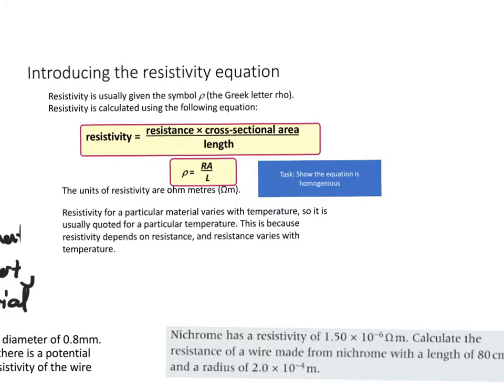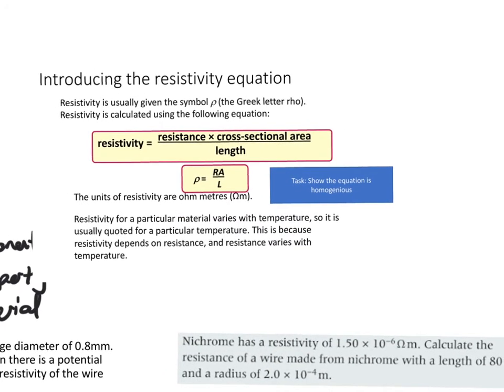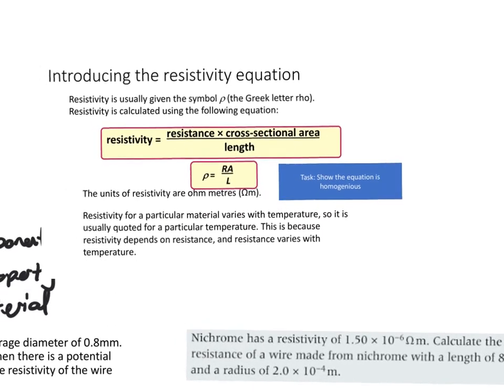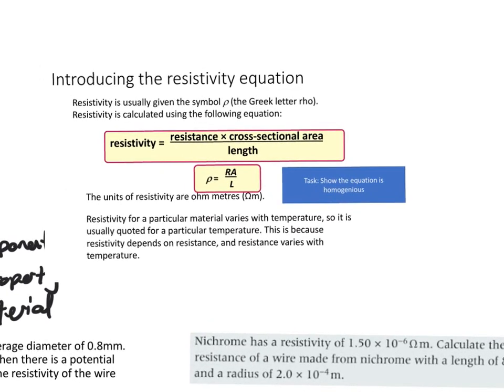Okay, so let's go through what resistivity is in terms of the calculation, in terms of the equation. So we represent resistivity using the Greek symbol rho. It's a Greek letter. And we calculate it using this equation here. So resistivity is equal to resistance times cross-sectional area divided by the length.